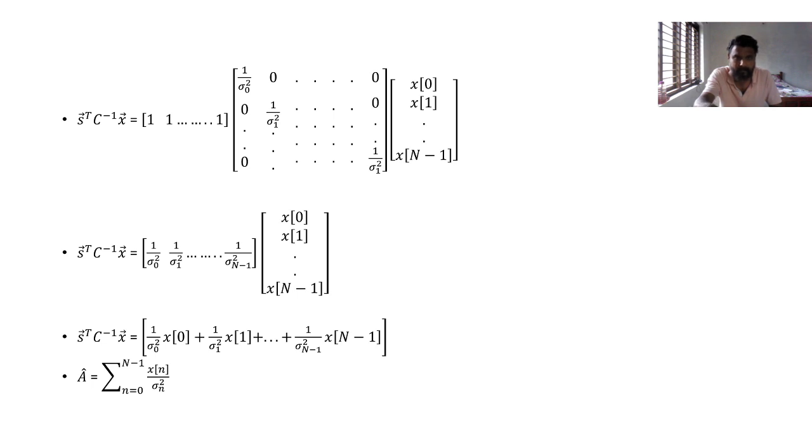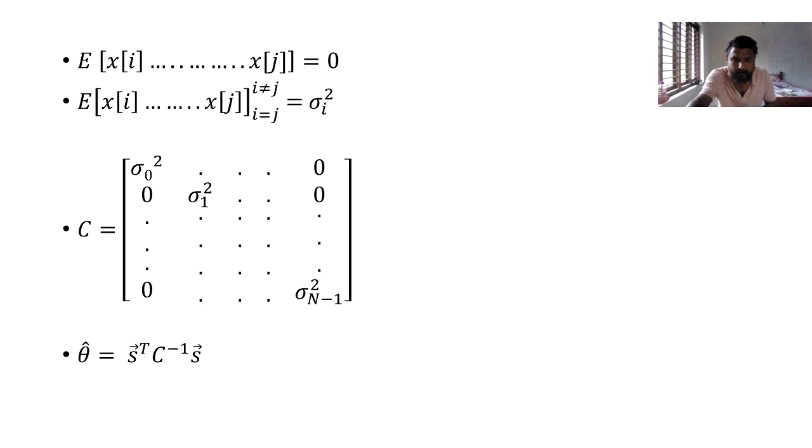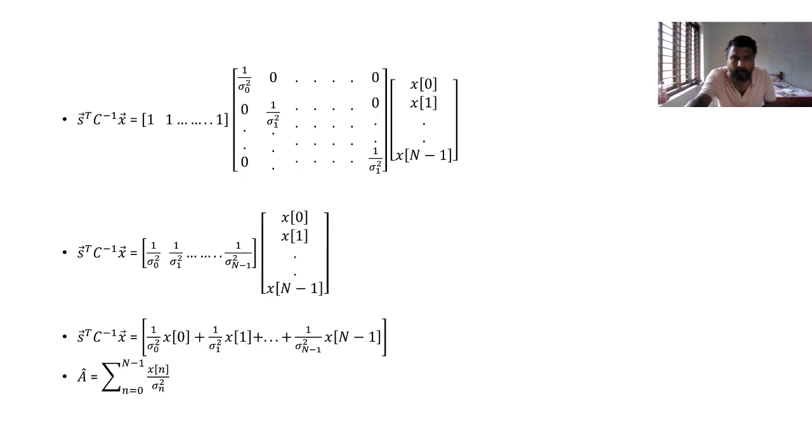You know that S transpose C inverse into X is nothing but 1 1 1 times C inverse. C is already known, so C inverse will be diagonal with 1 by sigma naught square, 1 by sigma 1 square, etc., multiplied by x of 0, x of 1, etc. up to x of n minus 1.